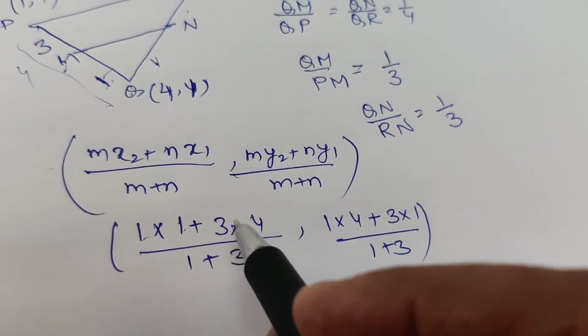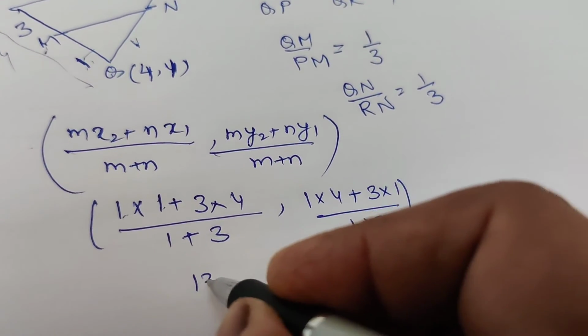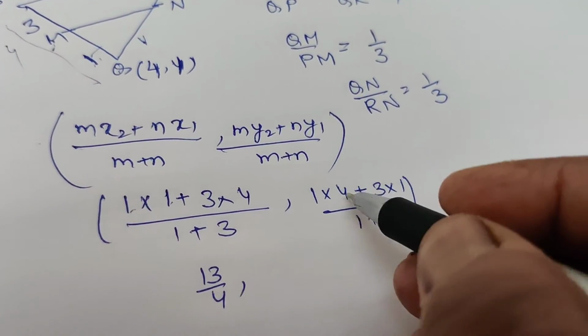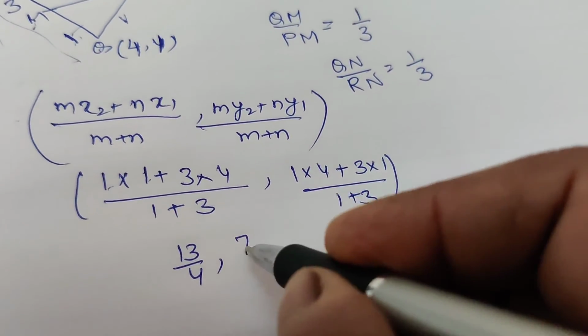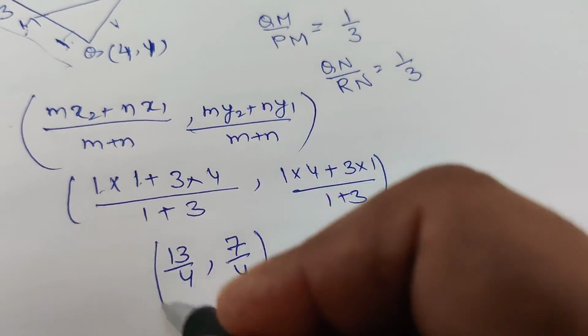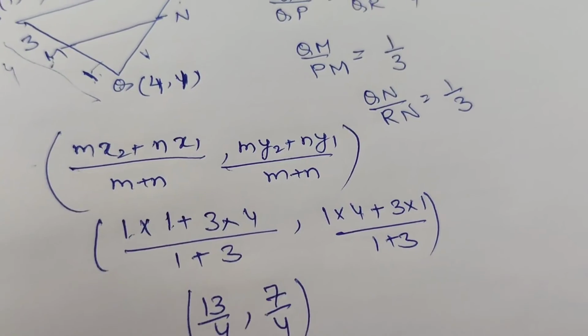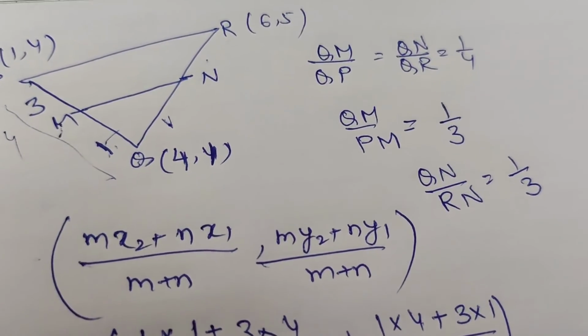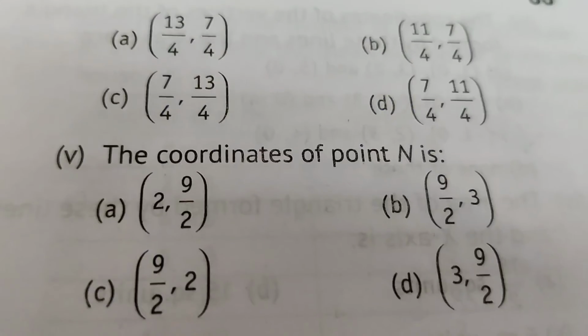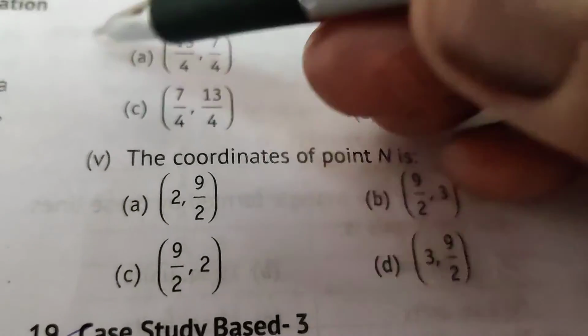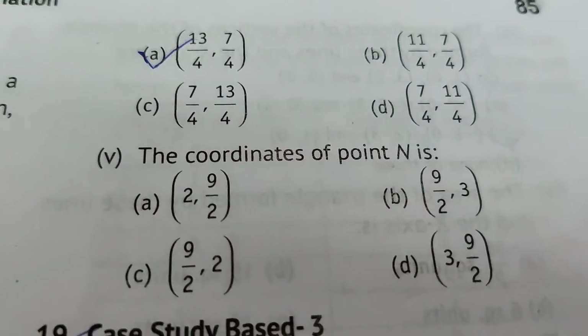So 1 plus 12, 13 by 4, and 4 plus 3, 7 by 4. These are the coordinates of point M. 13 by 4 and 7 by 4 is the right option.